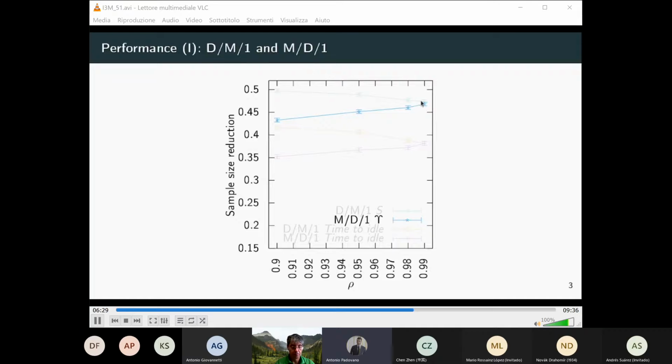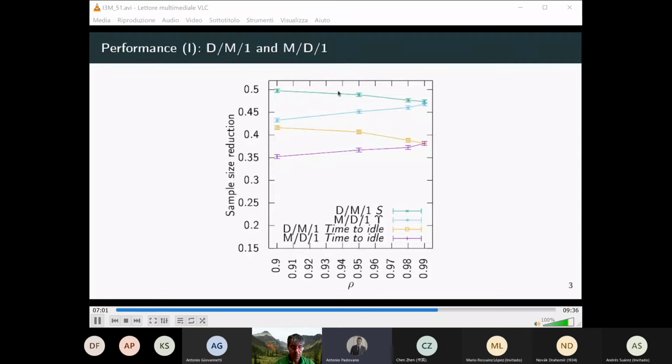Almost half of the sample size is needed to comply with a given confidence interval requirement when using the inter-arrival time as control variate. This time to idle is again something like 9 percentage points below what the inter-arrival time gets.